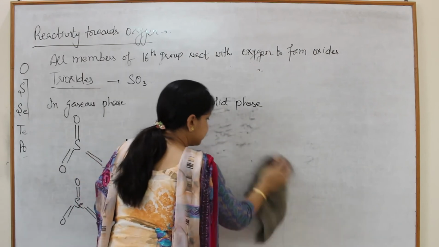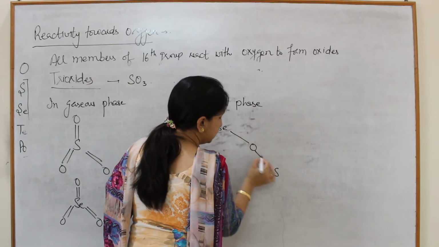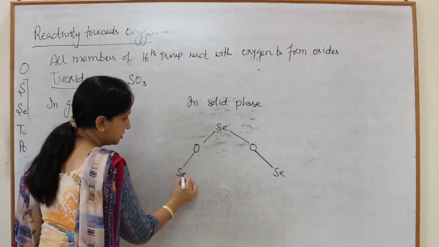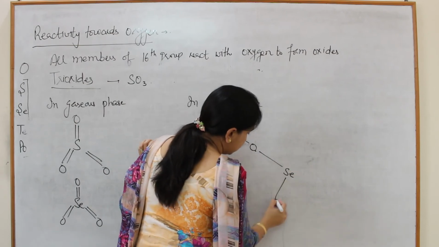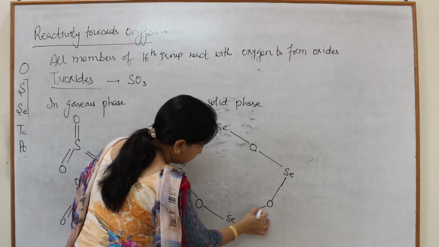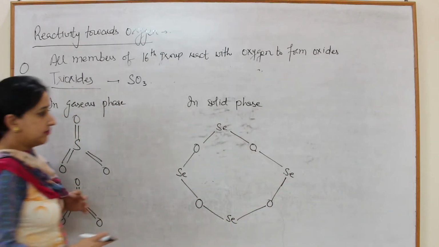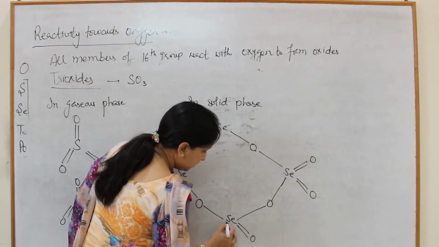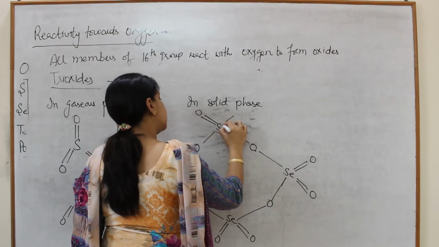Tetra means 4. So if we draw selenium, oxygen, oxygen, again selenium, again selenium, oxygen, oxygen, selenium, and this selenium. 1, 2, 3, 4, tetramer, but there should be 12 oxygens. 1, 2, 3, 4, 5, 6, 7, 8, 9, 10, 11, and 12.